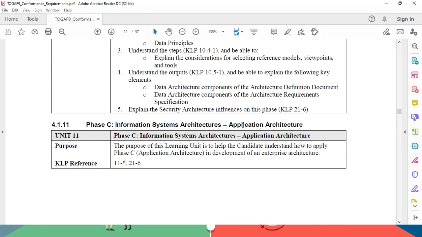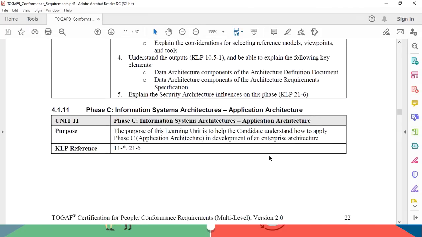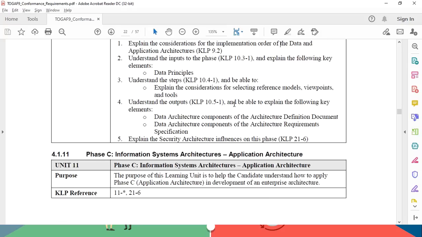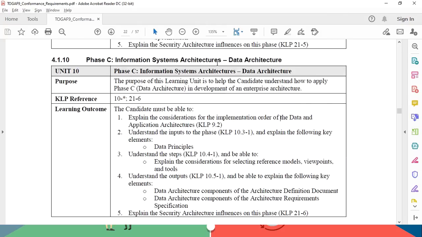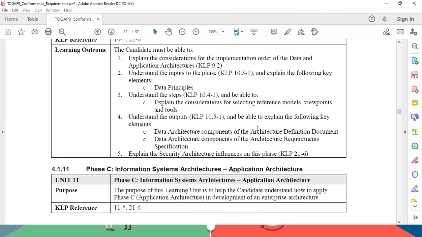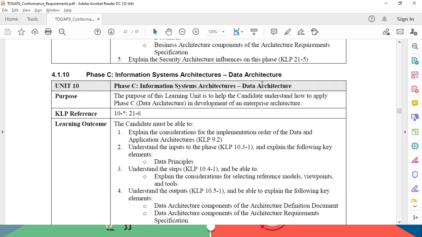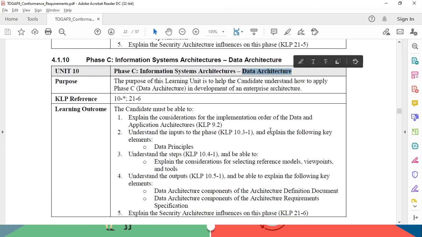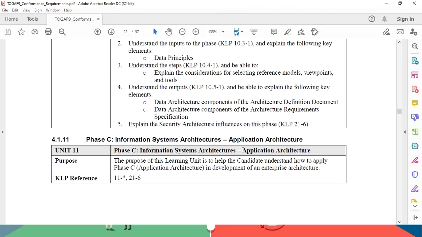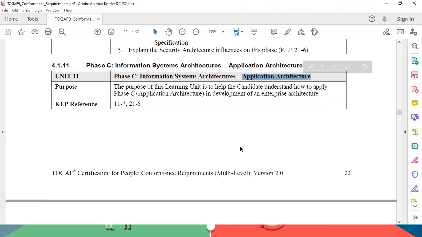and again we will also go to the application architecture part of it, because the information system architecture has been subclassified into two parts. One is data architecture, one is application architecture. In level 1 I have already explained, you can start with any one of it, either data architecture or application architecture. It all depends upon where you want to start, right?